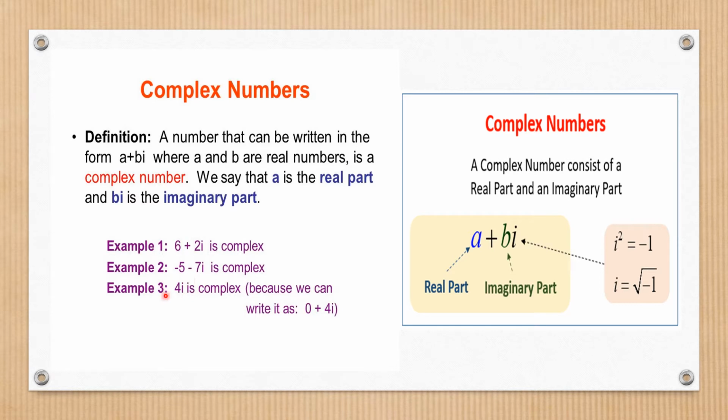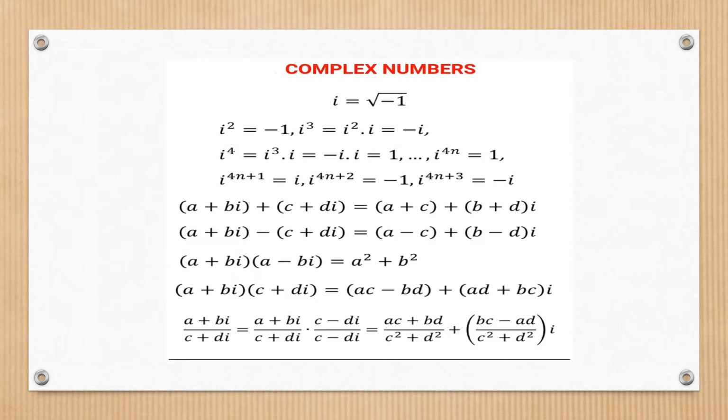Because 4i can also be written as 0 + 4i, as the real part is 0. So this type of complex number is called a purely imaginary complex number. A complex number consists of a real and an imaginary part. a is the real part, b is the imaginary part, and this i is the square root of -1, squaring which we get i² = -1.